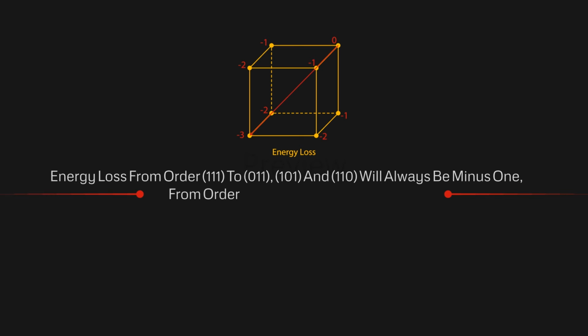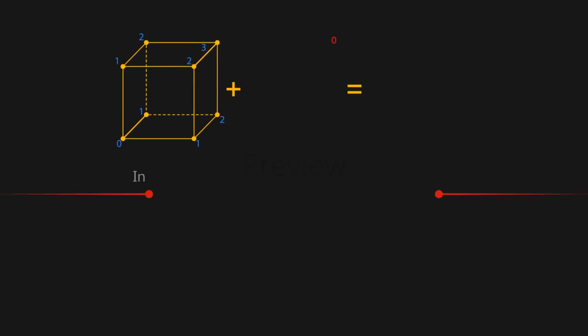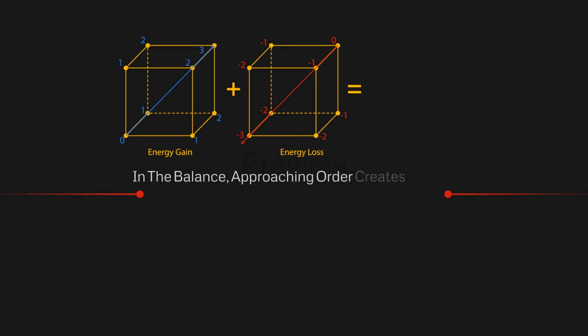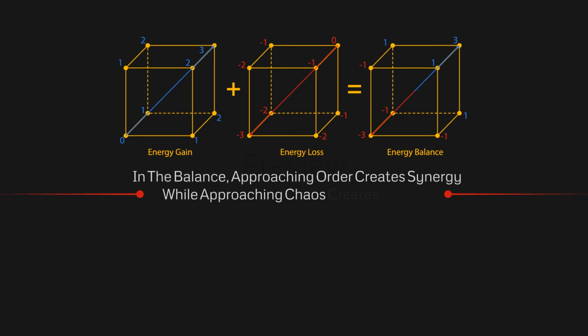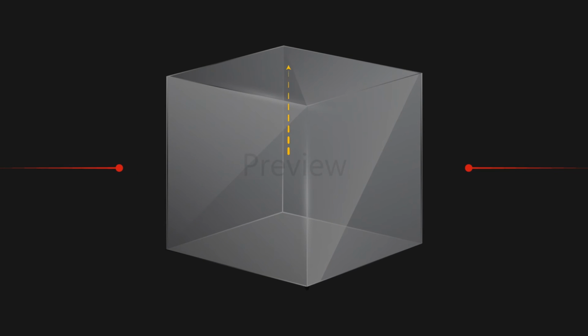From order to 100, 010, and 001 will always be -2, and from order to chaos, -3. In the balance, approaching order creates synergy, while approaching chaos creates entropy. Newton's laws of movement. The cube proves that Newton's laws of movement are tridimensional also.